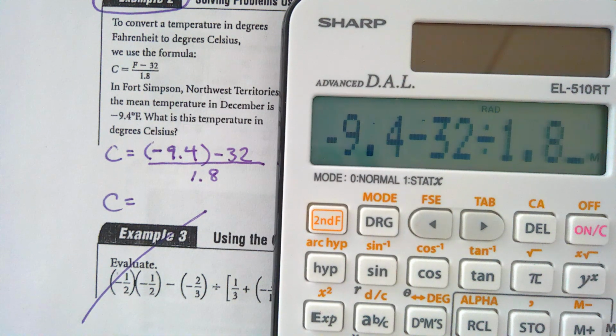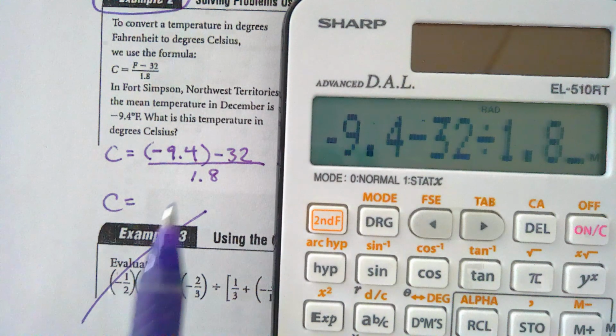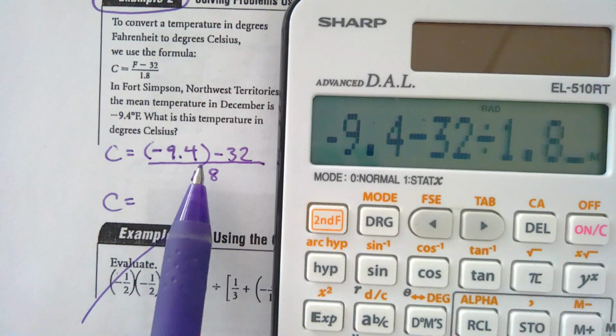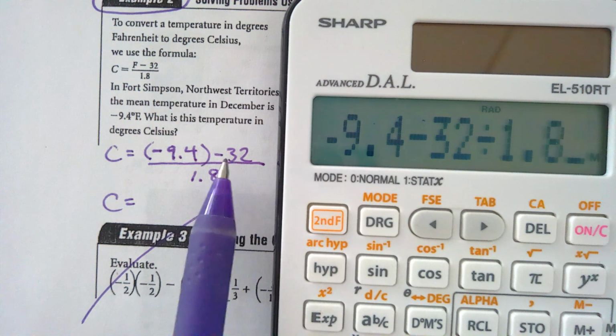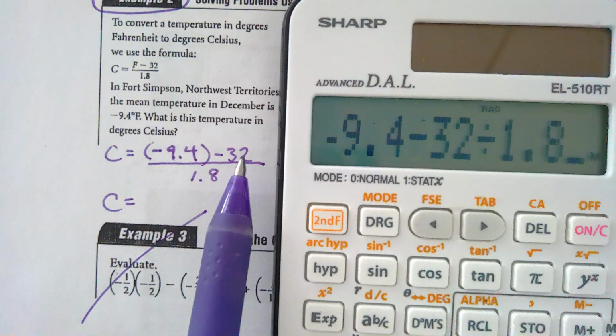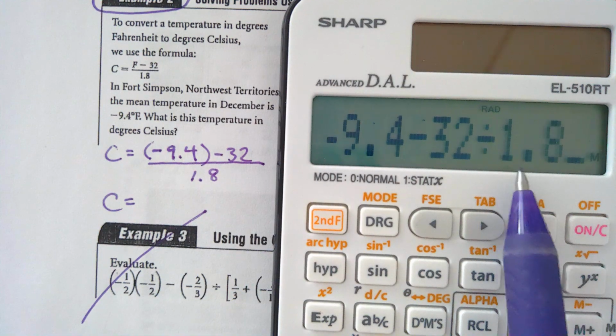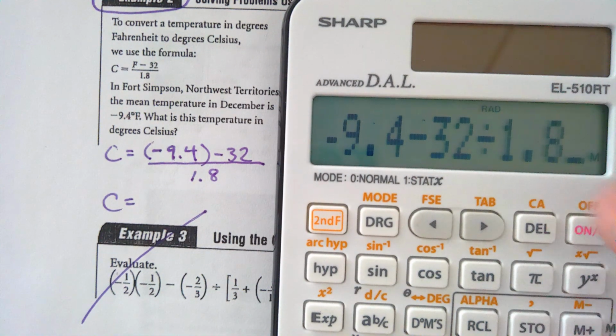No, why not? The calculator will do negative 9.4 minus 32 divided by 1.8. Right, okay, but on paper, what should we do first? Right, the numerator. You always clean up the numerator before you divide. So if you just put all this in your calculator like this, it will give you the wrong answer.